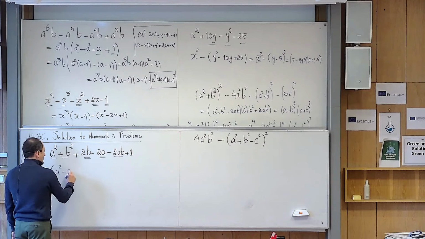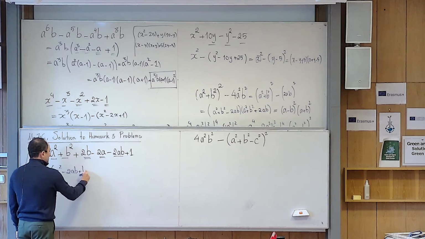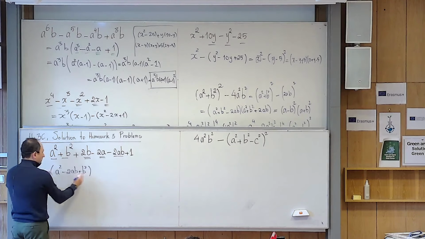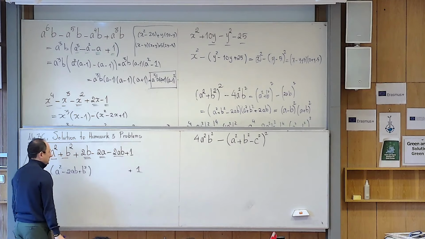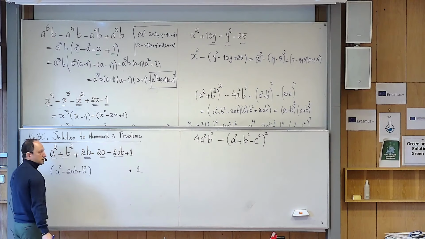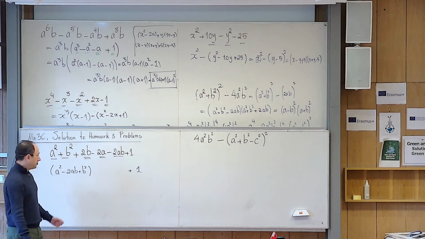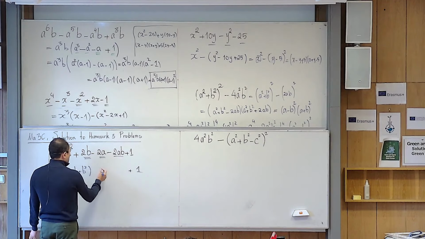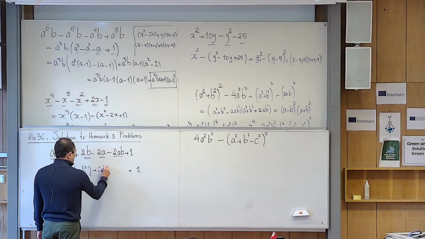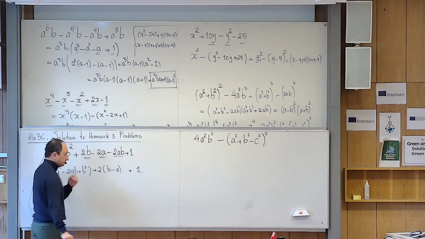You know what this pattern is at least, yes? So I put them in one group, and then I told you that I want to put one alone. Then between these 2, I can factor a 2 out. But if I factor a 2 out, you can write it as 2, and then b minus a. Yes?